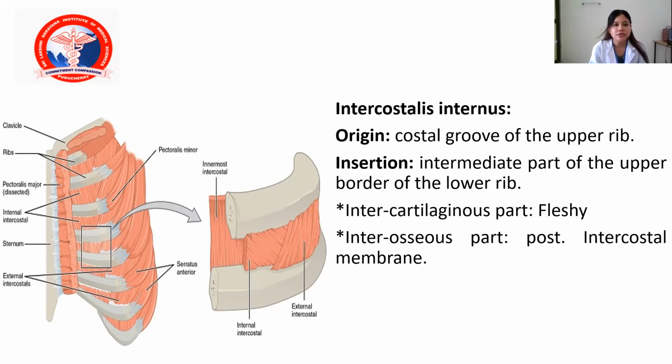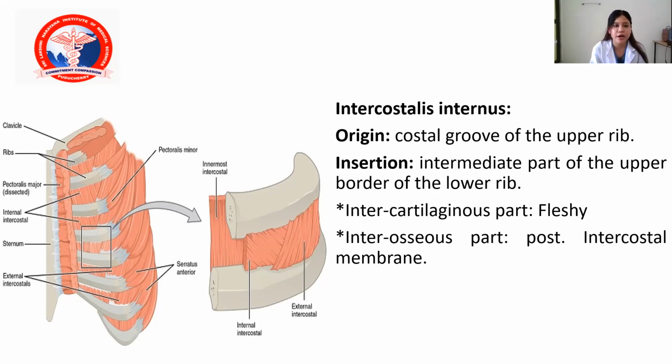So the intercostalis internus origin is from the costal groove of the upper rib. Insertion is over the intermediate area of the upper border of the lower rib. The intercartilaginous part is exactly opposite to the intercostalis externus: it is fleshy here, while in the externus the anterior part is replaced by the anterior intercostal membrane.